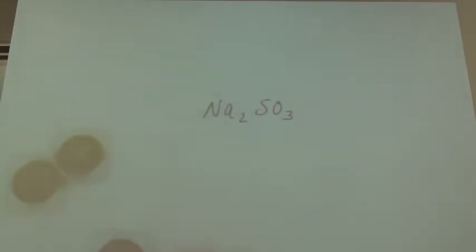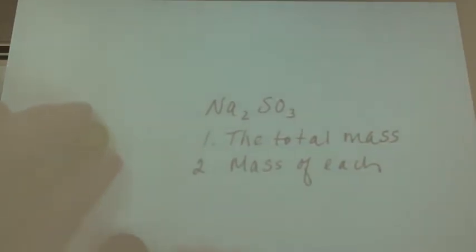What do I need to know? Oh, the mass. I need to know the total mass, then the mass of each. So far, are you with me? I have 2 sodiums.